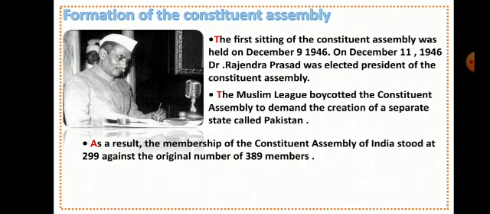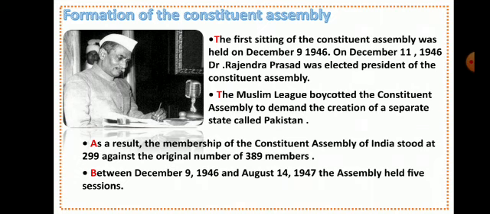So the members were reduced. Of these, 284 were actually present on November 26, 1949 and appended their signatures to the Constitution as finally passed. Dr. Rajendra Prasad continued to be the President of the Constituent Assembly of India.